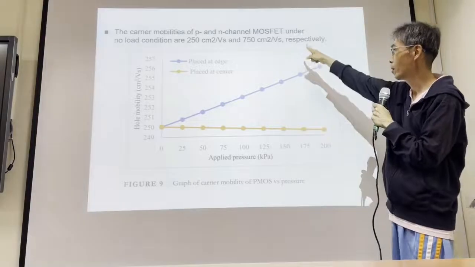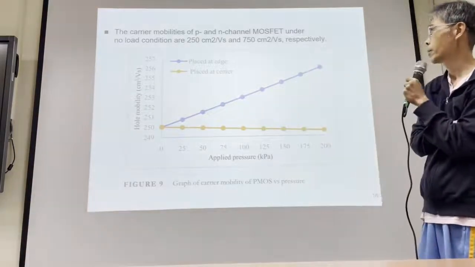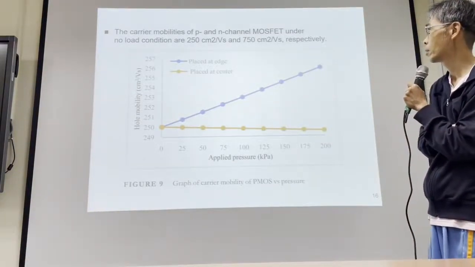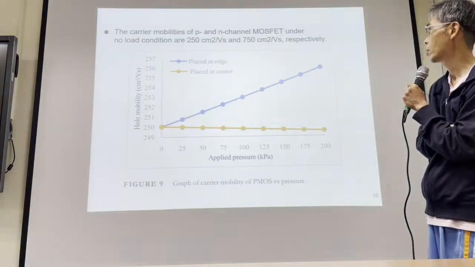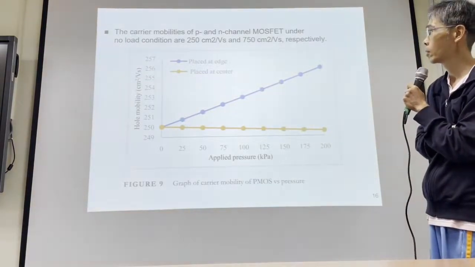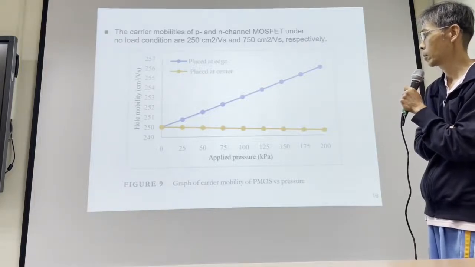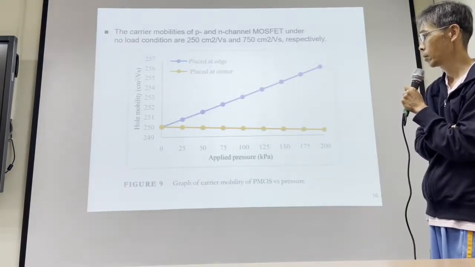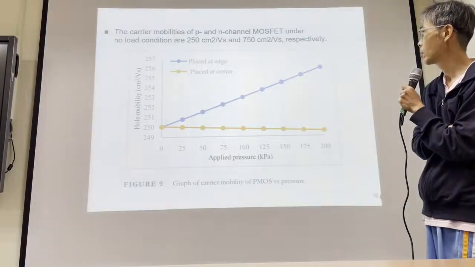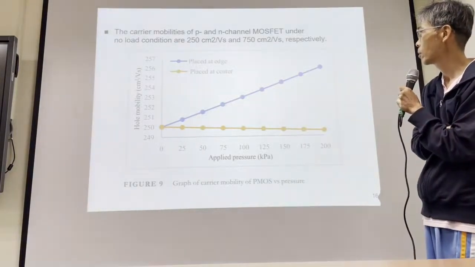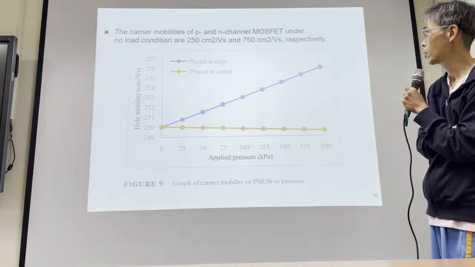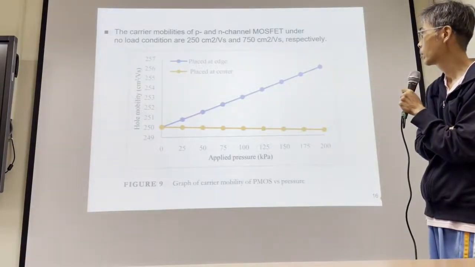Ming, could you read this? The carrier mobility for P-channel and N-channel MOSFETs under no load condition are 250 cm² per V·s and 750 cm² per V·s respectively.